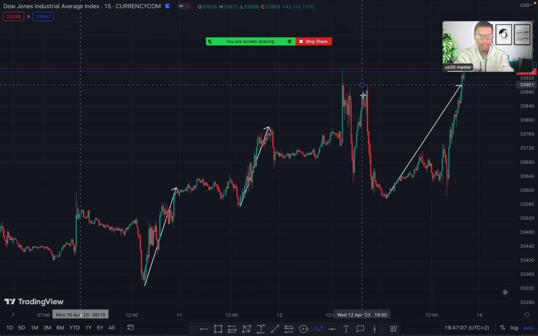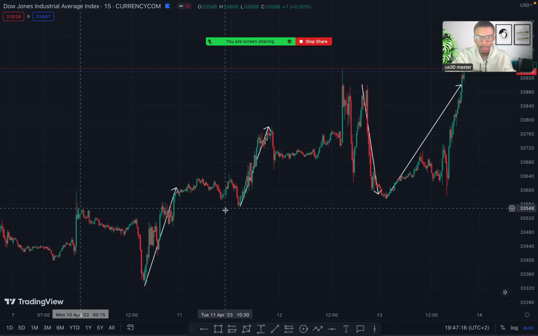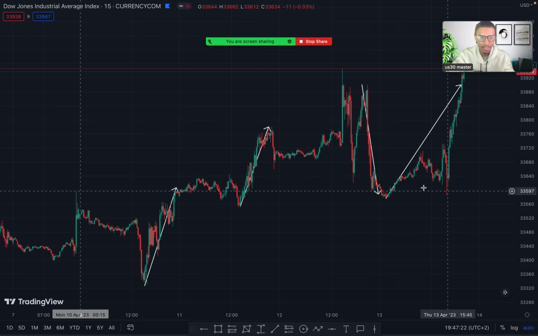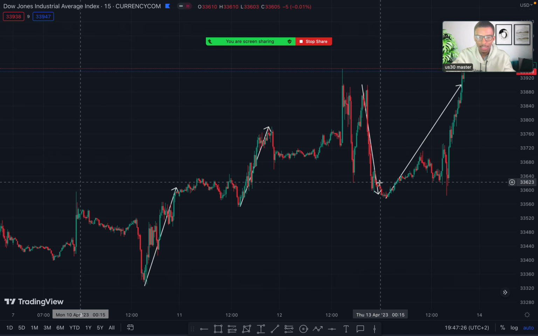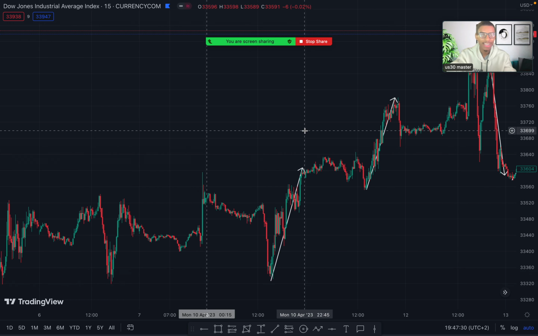Now, because you can see these things, these strong buys happened because they rejected something here. It rejected something, then went for buys. It rejected something here, then went for buys. It rejected something there, then went for sells.